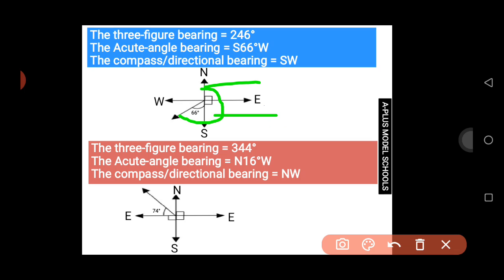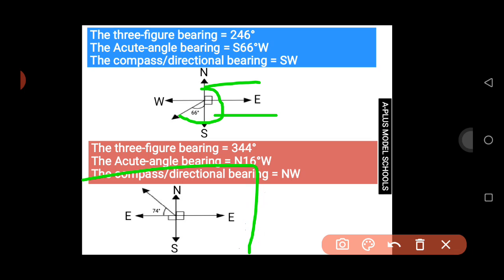So that will give you south 66 degrees west for the acute angle bearing. But if you want to look at the direction of the bearing, that is between south and west. Then the next one, when you look at this one very well, it's quite different from the first three that we have done earlier.